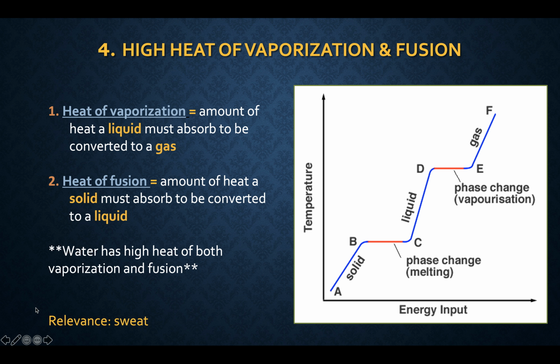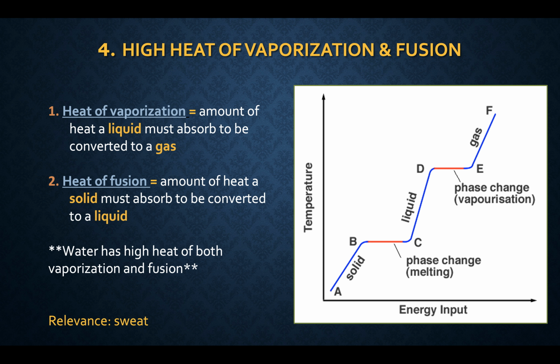So how is this relevant? Well, if we go back to biology, we look at the relevance of sweat. When it's a really hot day, your body cools itself down by sweating. So why is it doing this? Your body is essentially allowing a thin coating of water to cover your skin.